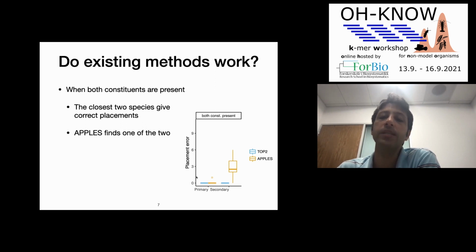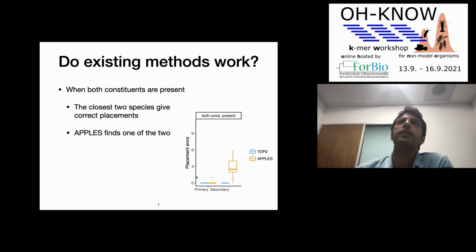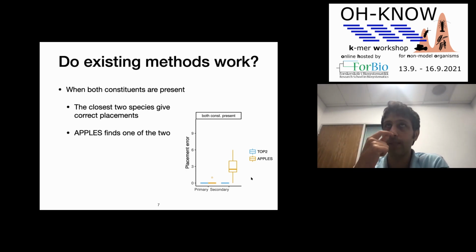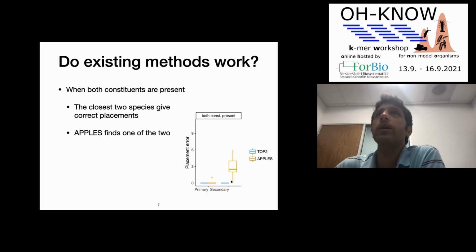How many edges away are we from the correct placement on the phylogeny if you just take the top two hits, or if you place with APPLES and take the first and second best placements. And what you see is that the top two actually works perfectly well. There was no case where it made a mistake.